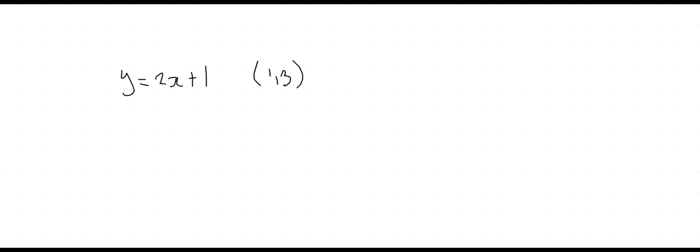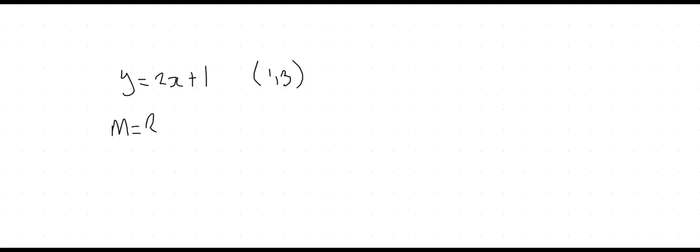So again, the equation of the given line is in the form y is equal to mx plus c, where m is the gradient. So m in this case, the coefficient of x, is 2.